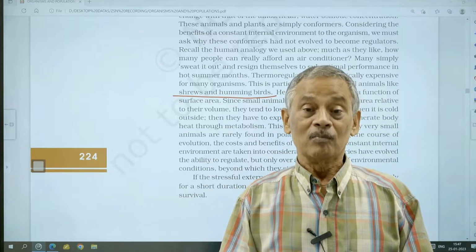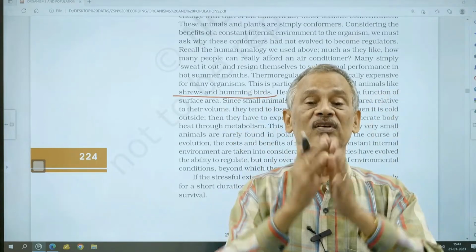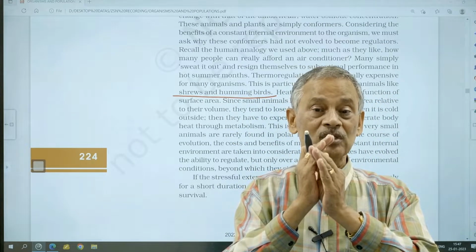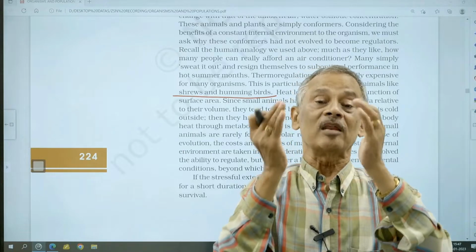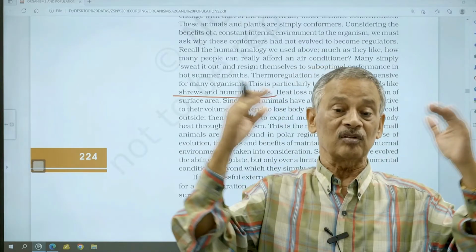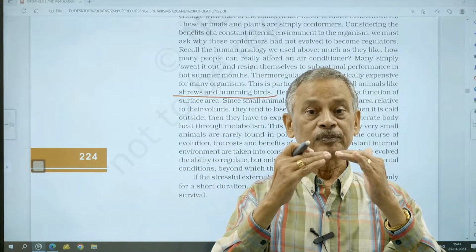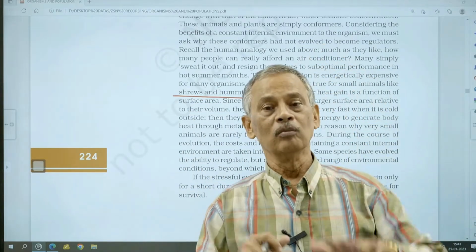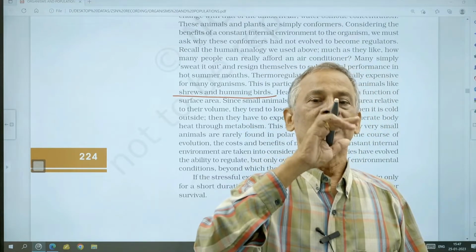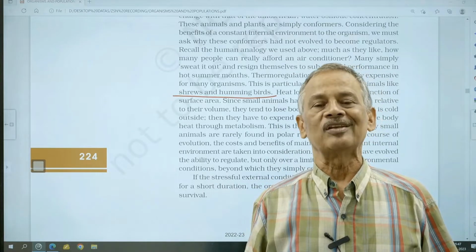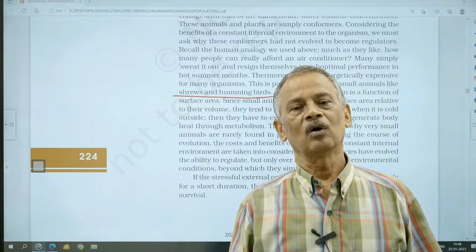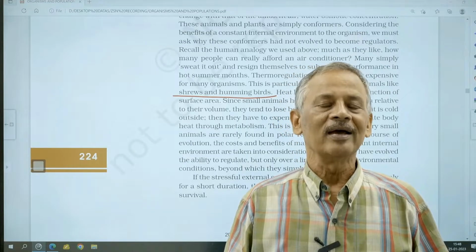Why? Because to reduce the surface area. When surface area is reduced, the heat loss can be reduced, because heat loss is proportional to the surface area. So the surface area is reduced proportional to their volume. Heat loss will be minimum. This adaptation is called Allen's rule.